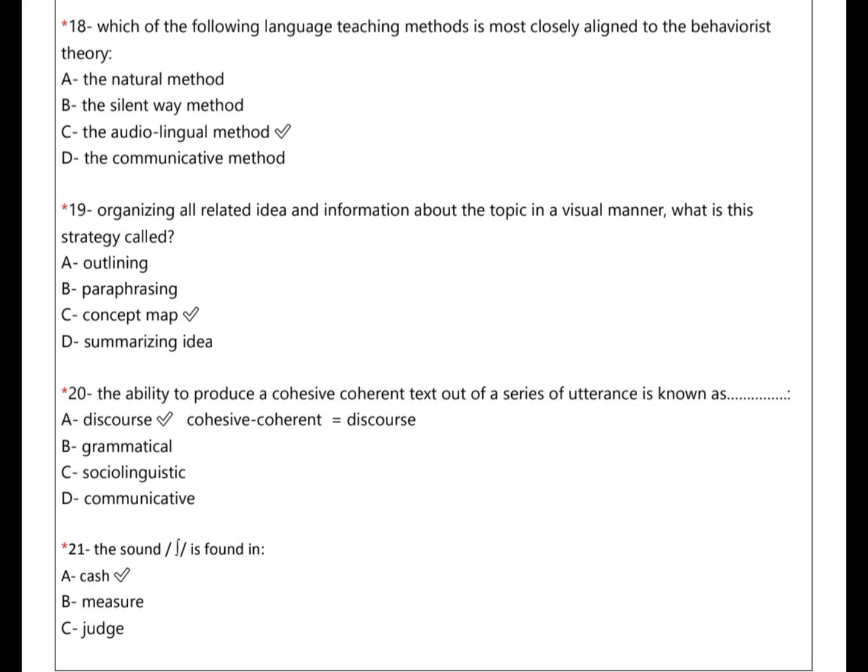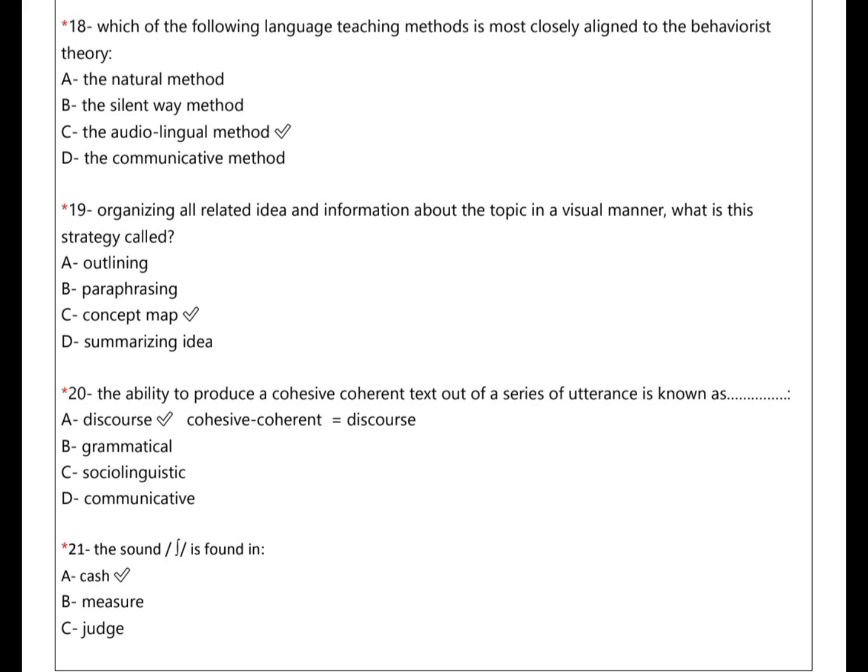18. Which of the following language teaching methods is most closely aligned to the behaviorist theory? A. The natural method. B. The silent way method. C. The audiolingual method. D. The communicative method. 19.